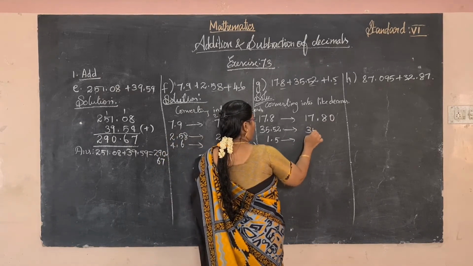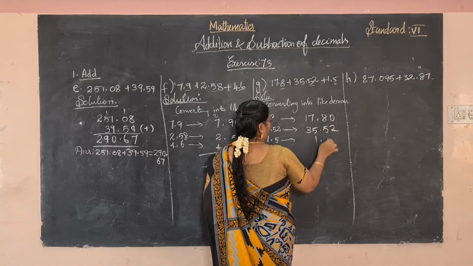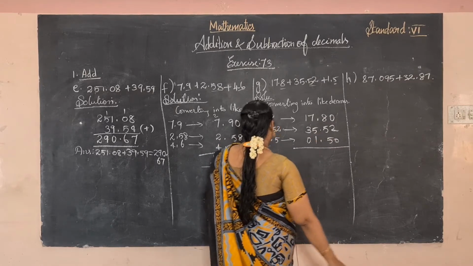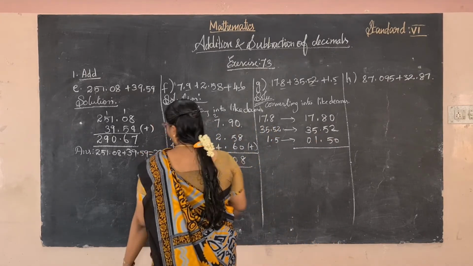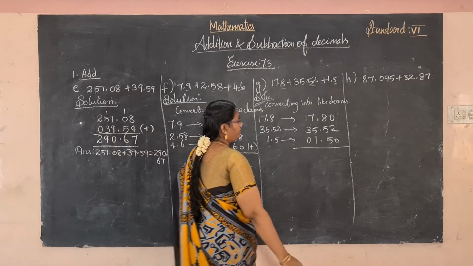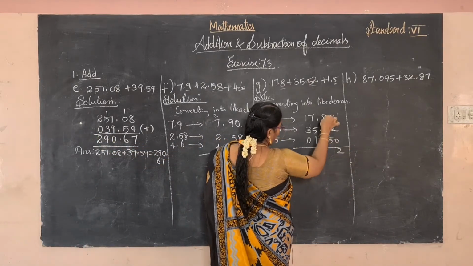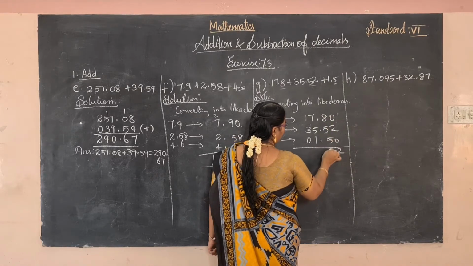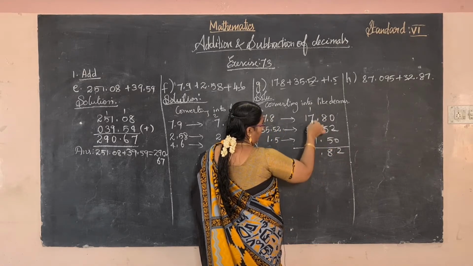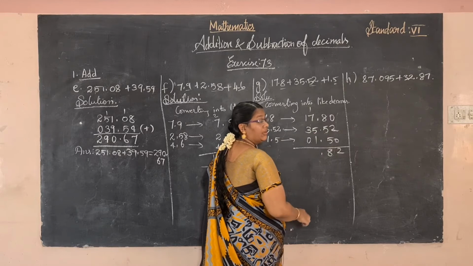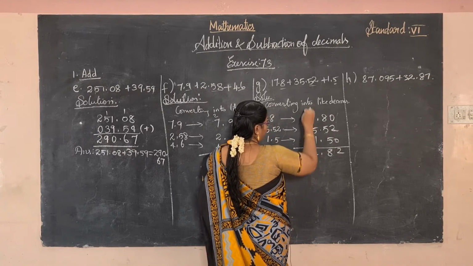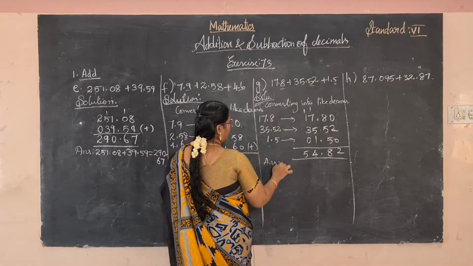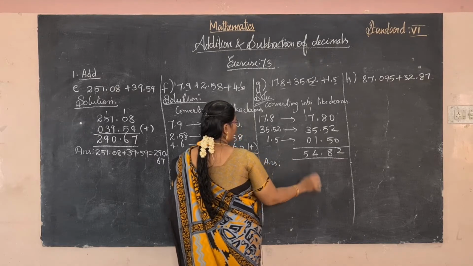So 35.52 and 1.50. Okay, now we have like decimals. In this place also we have added zeros. Right. Here, 8 plus 5, 13, 18. Okay, 8 plus 5, 13, 14 and then 5. You will write the answer.